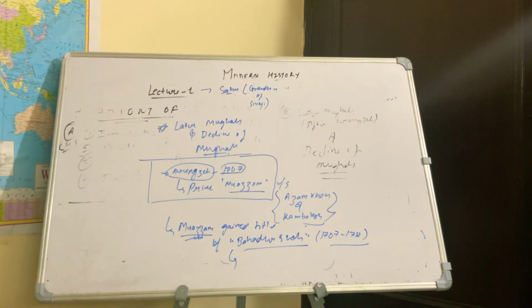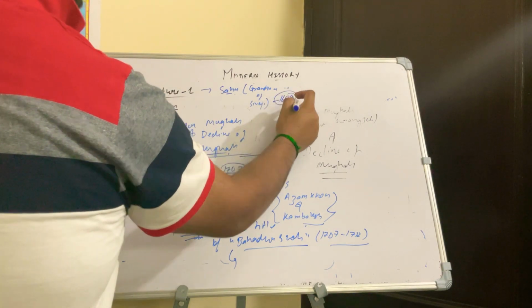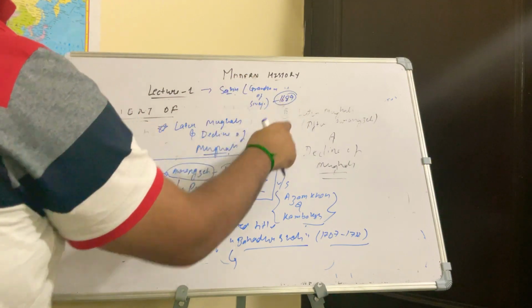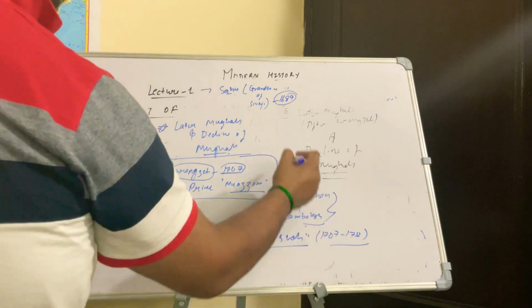He released Sahu from Mughal captivity, where he had been captive since 1689. So you can understand the timeline: since 1689 he was captive, and Bahadur Shah took the throne in 1707. So quite a long time.